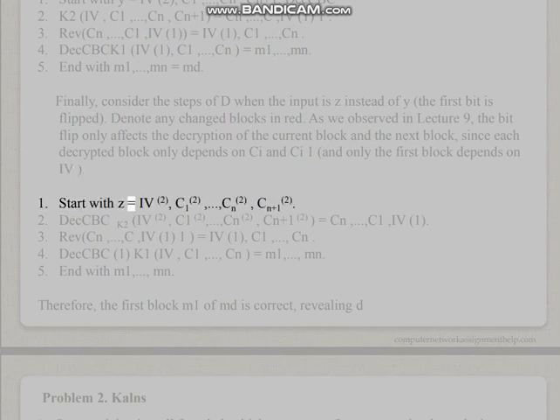Start with Z = IV2', C1', ..., Cn+1'. 2. Dec-CBC(K2, IV2', C1', ..., Cn+1') = Cn, ..., C1, IV1'. 3. Rev(Cn, ..., C1, IV1') = IV1', C1, ..., Cn. 4. Dec-CBC(K1, IV1', C1, ..., Cn) = M'.